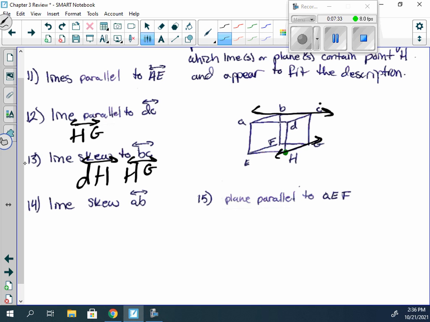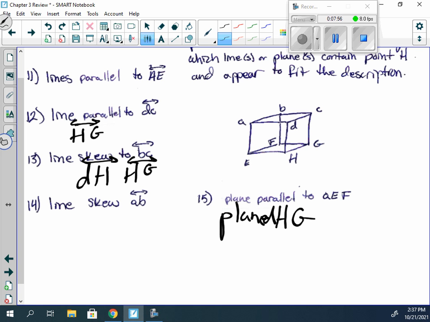Contained within the same plane and does not intersect the line. How about parallel to AEF? Plane H what? DHE.